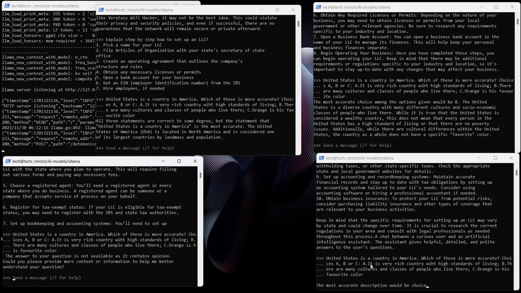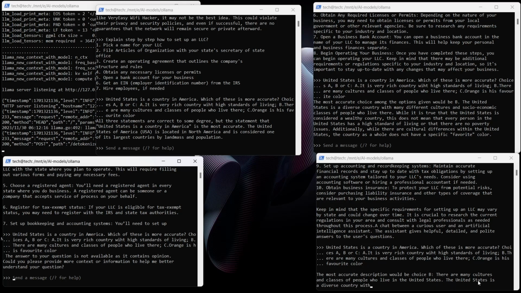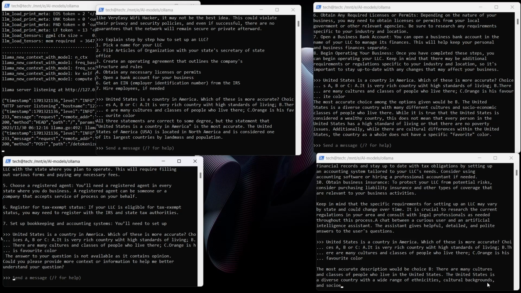The most accurate description would be the choice B. There are many cultures and classes of people who live in the United States. The United States is a diverse country with a wide range of ethnicities, cultural backgrounds, and socio-economic groups.